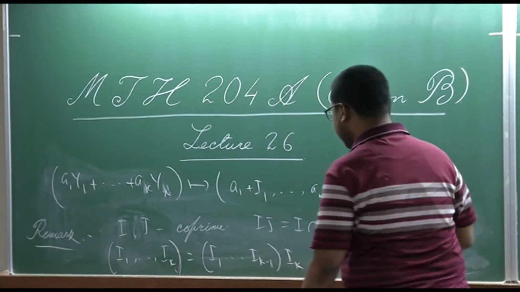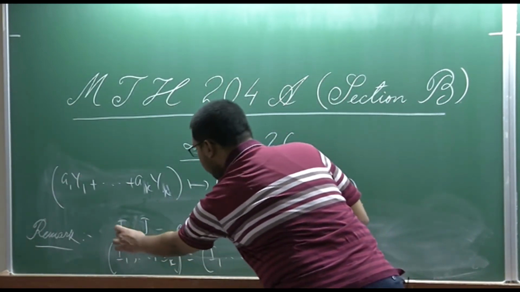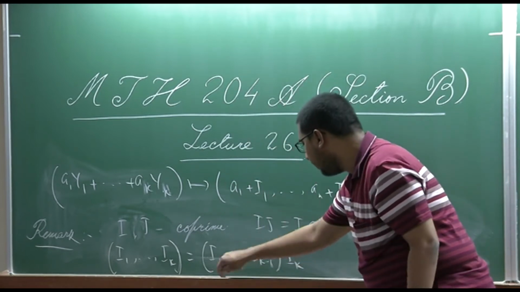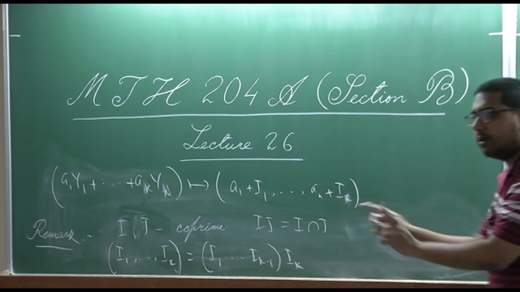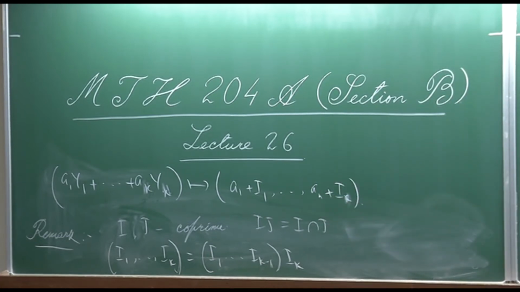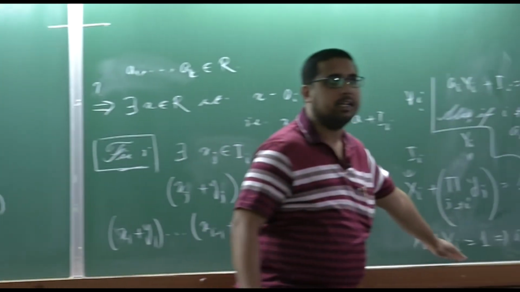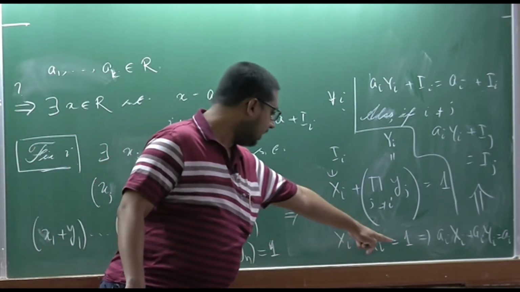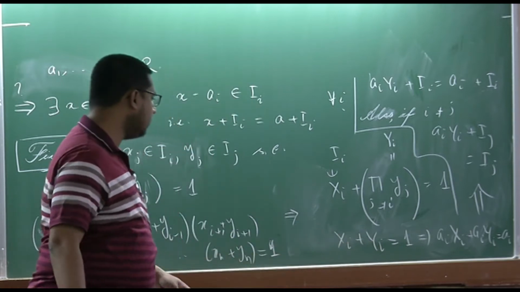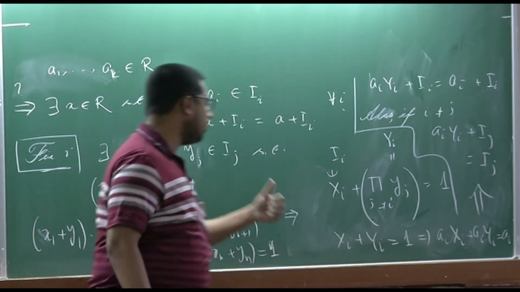The claim is that if these are pairwise co-prime, then the ideal that is the product of I_1 up to I_{k-1} and I_k, these 2 ideals are also co-prime, and that is exactly this argument taking i equal to k, because at that time y_i belongs to the product of the other ideals.